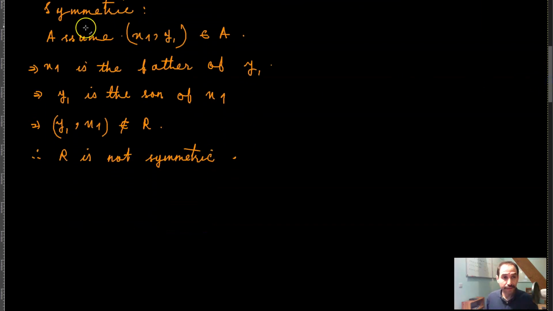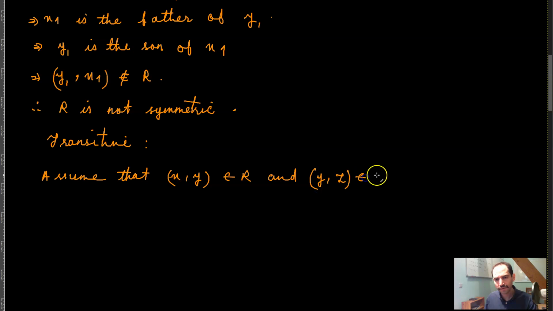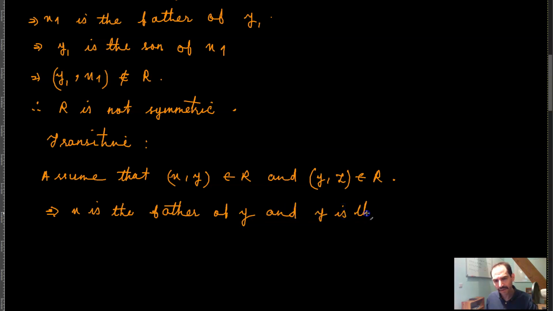Now, to see whether R is transitive, let's assume that some x comma y belongs to R, and some y comma z also belongs to R, which means that x is the father of y, and also y is the father of z.